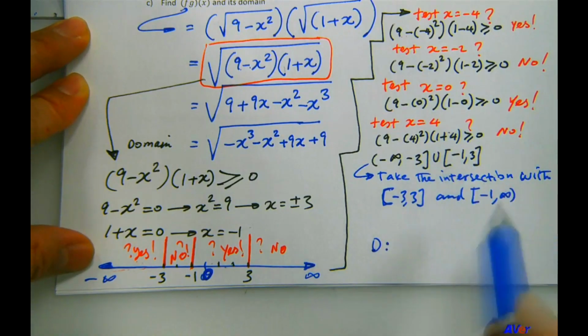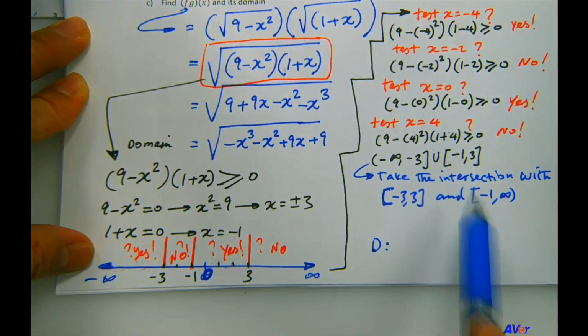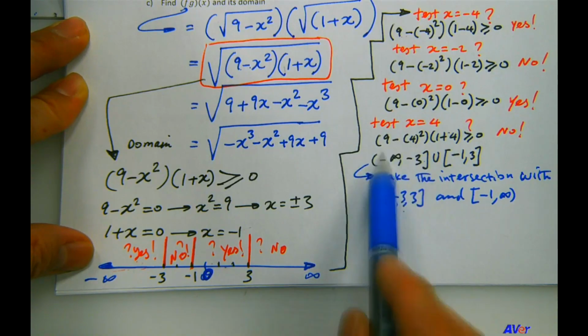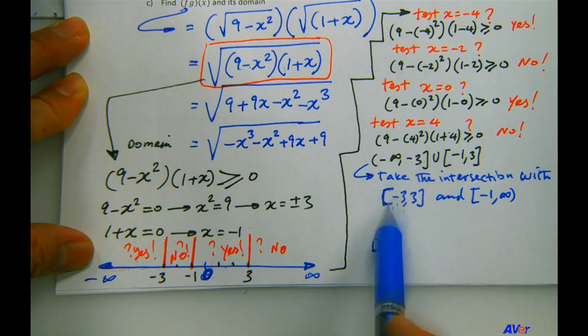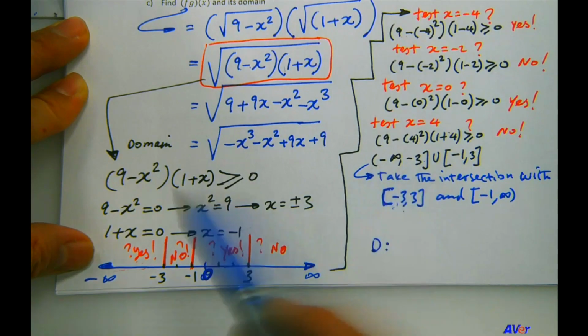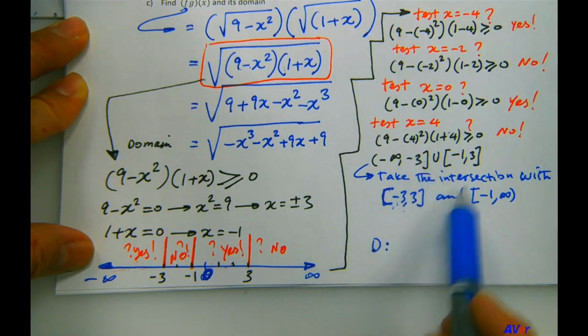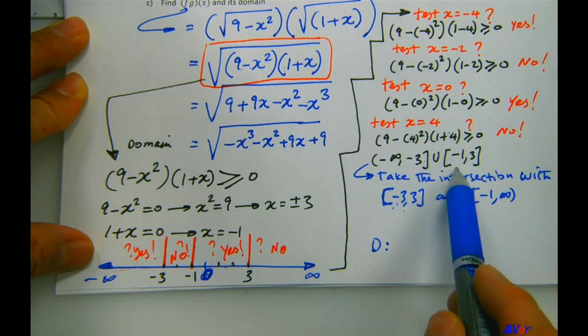So we have negative infinity to negative 3. That is outside of that, and this is outside of that. Just negative 3 is part of both. Between these two, just negative 3 is part of both. The negative infinity, no. All the way to 3, no. So we have negative 3. And then what about here?